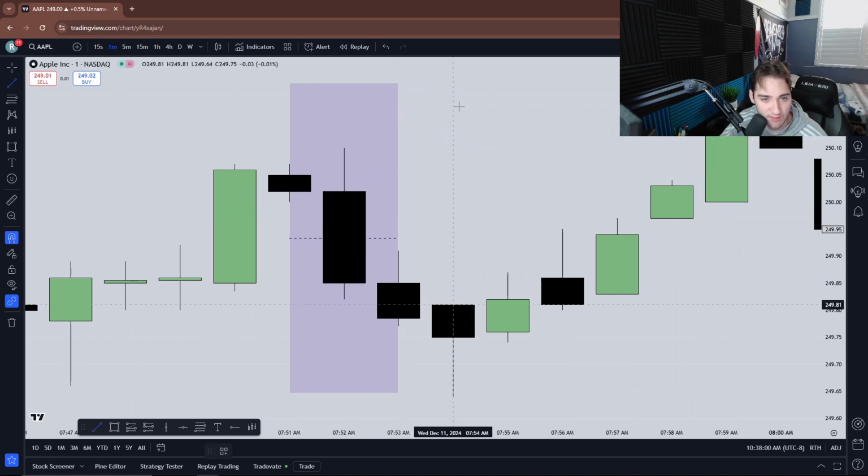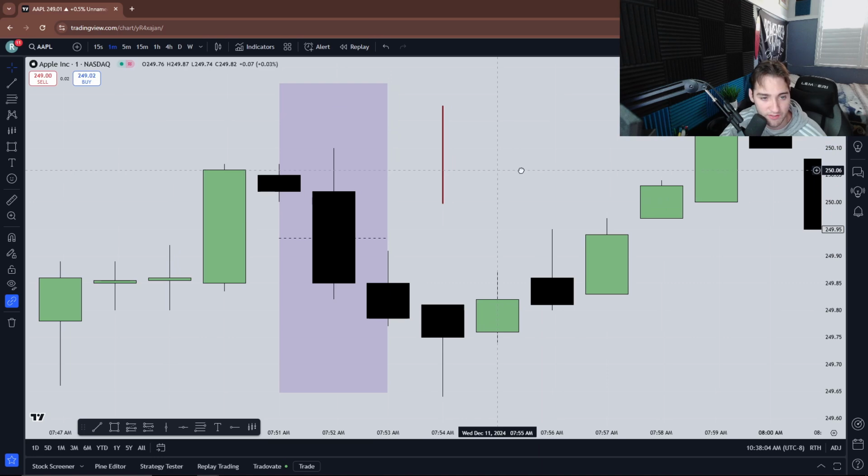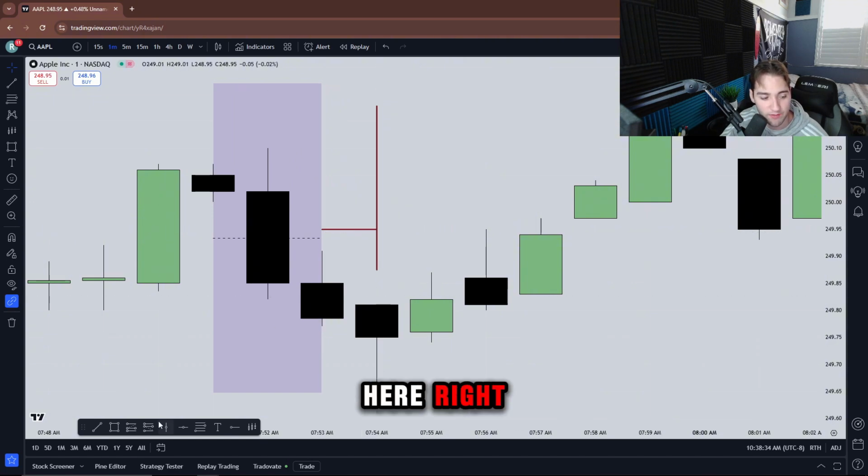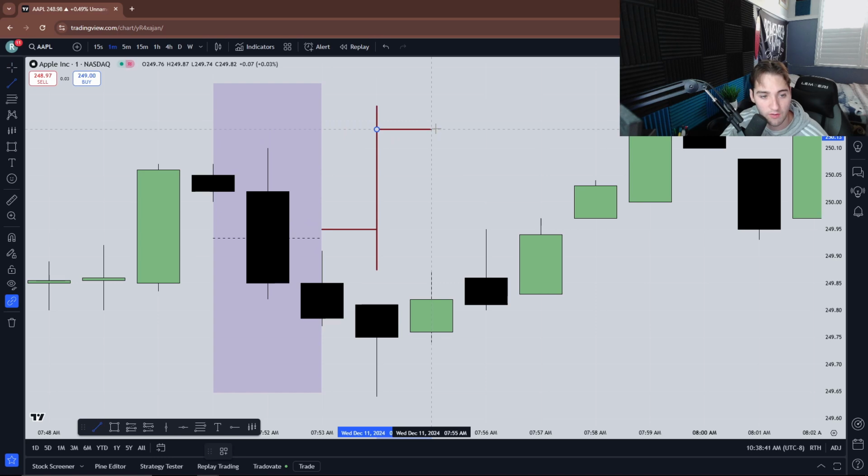So basically how candlesticks work, I'm going to draw a line out like this, okay? So say price opens, let's just say price opens here, right? And then after the 1 minute, price closes here. So after the 60 seconds or the 1 minute go by, the candlestick closes exactly where it is at.